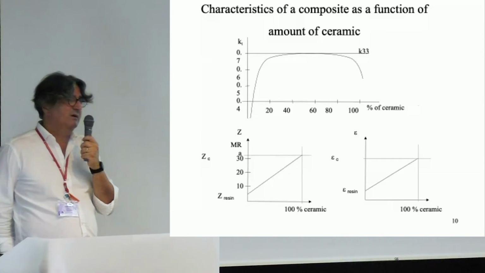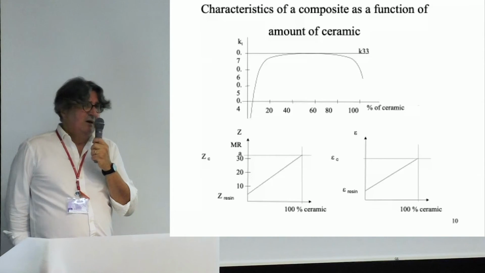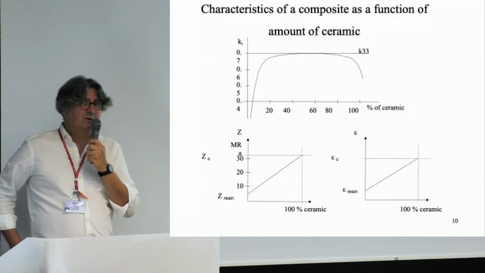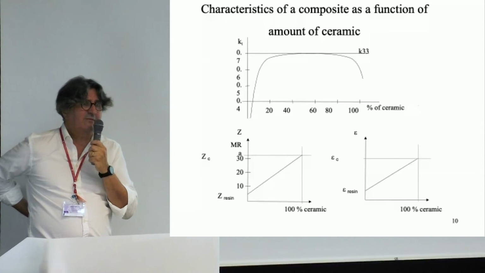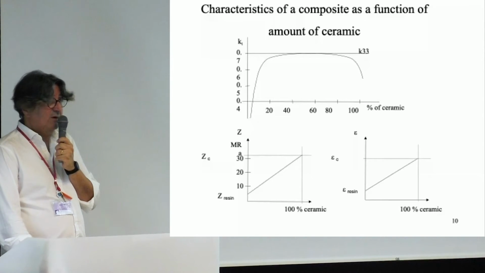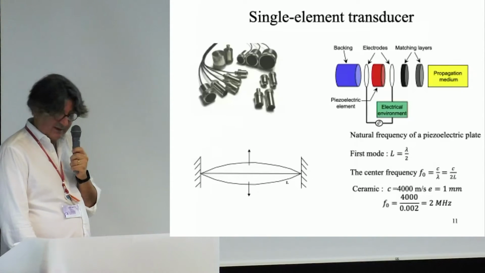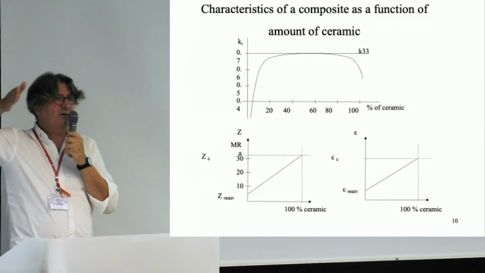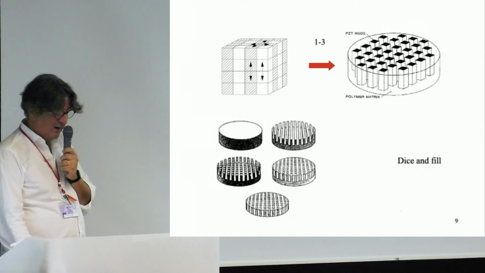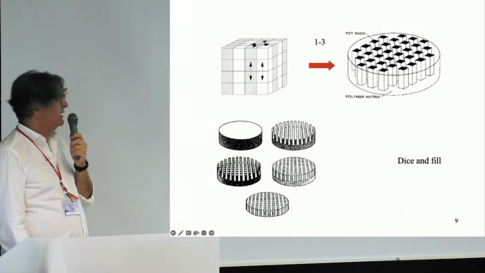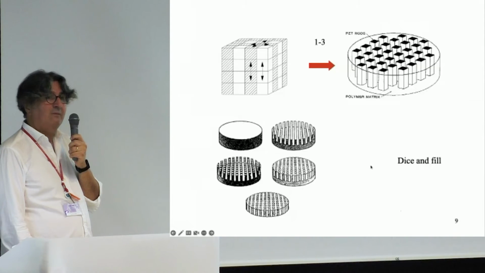Not necessarily in NDT contact transducers, but sometimes they also use composites for array transducers in NDT, because one of the main advantages is that if I want to make a multiple element transducer, I just make a wall of composite, put electrodes where I want, and I can make an array transducer.